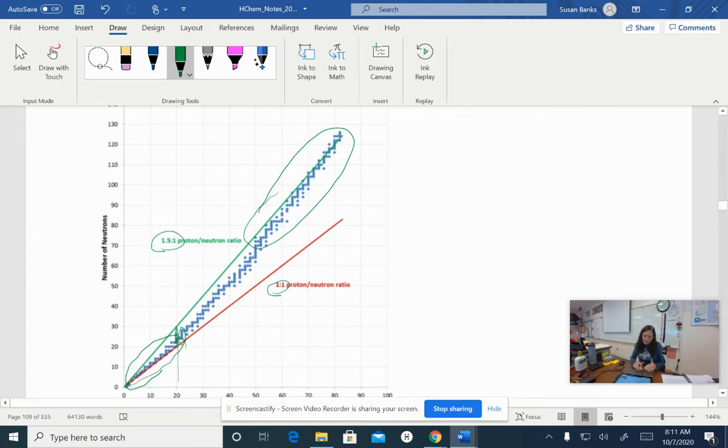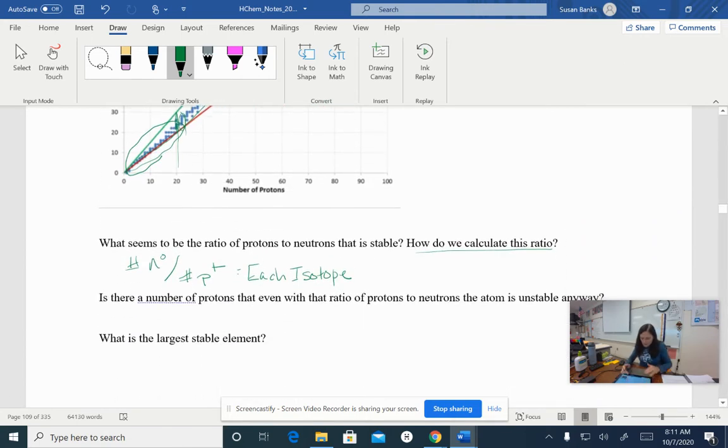So we notice that there is kind of a bit of a curve here to this graph. So we seem to have a 1-to-1 ratio, almost to 1.5-to-1 ratio. This is for the smaller elements. This is for the larger elements.